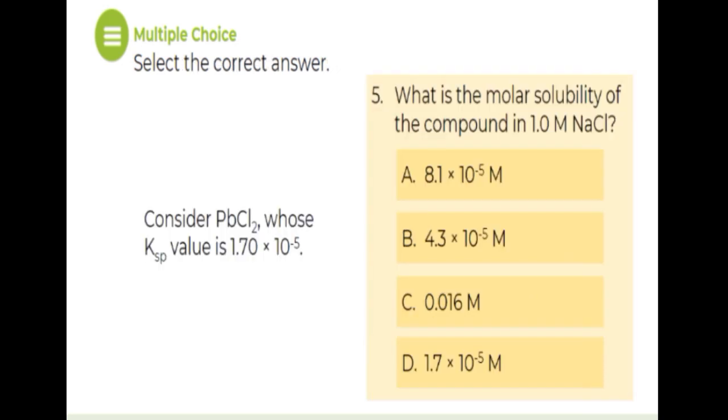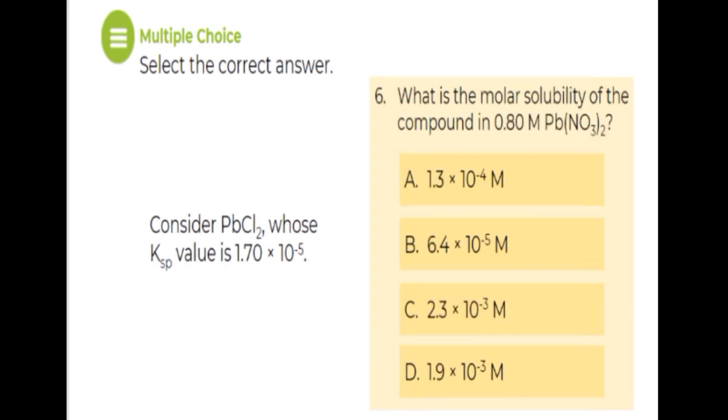Number 5. What is the molar solubility of the compound in 1.0 M NaCl? A, B, C, or D? Number 6. What is the molar solubility of the compound in 0.80 M Pb(NO3)2?